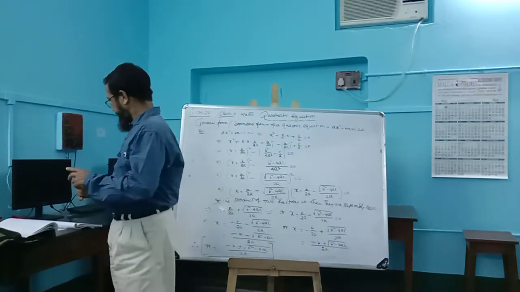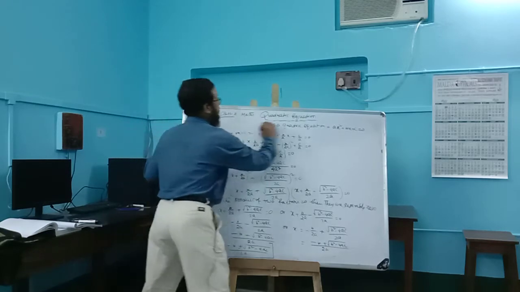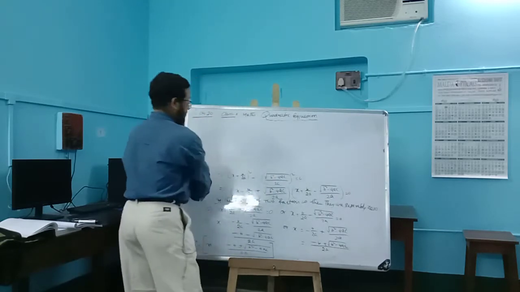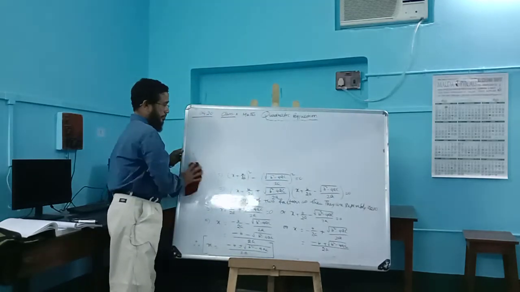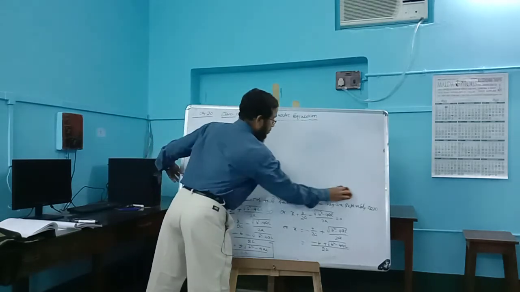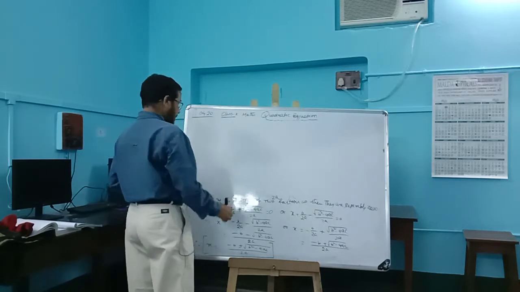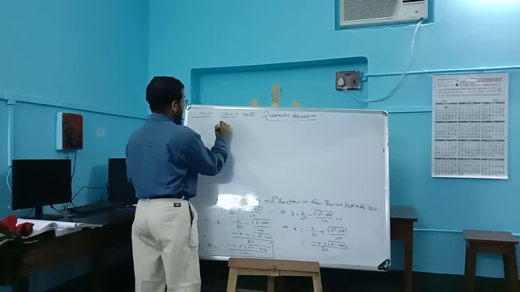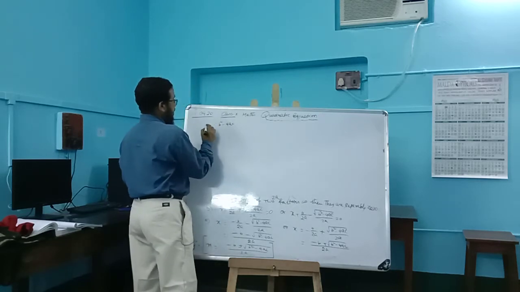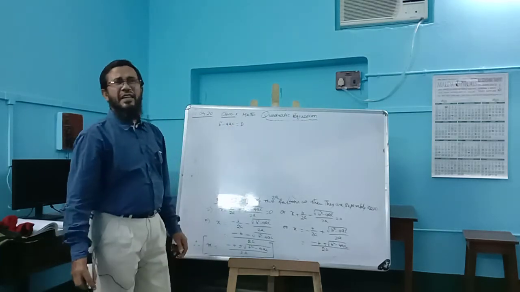Now from the solution, b square minus 4ac, this equal to d for discriminant.